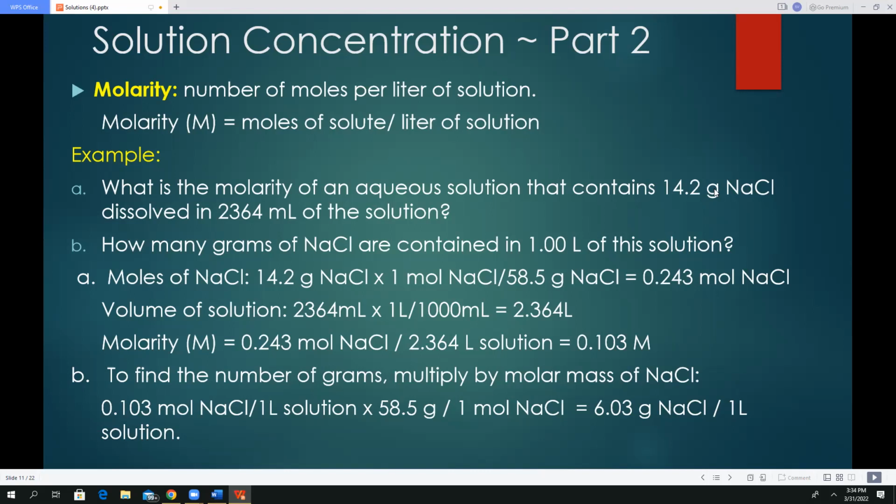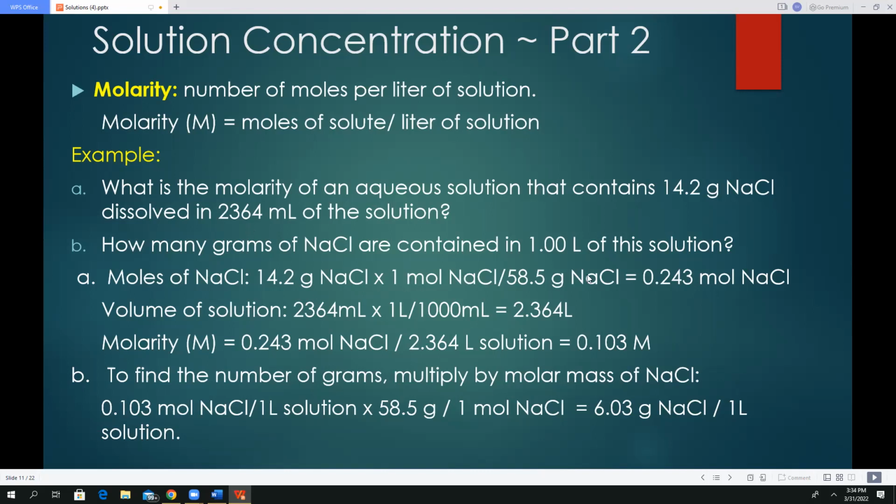So 1 mole of sodium chloride is equal to 22.99 plus 35.45. What is that? That is equal to 58.44 grams. Okay, so that's done here.